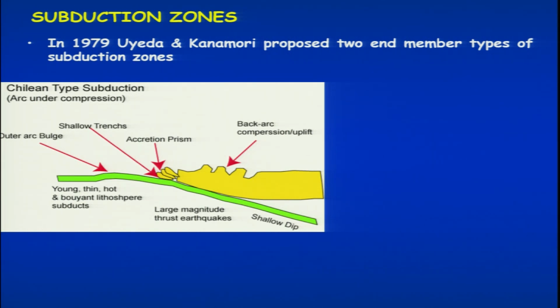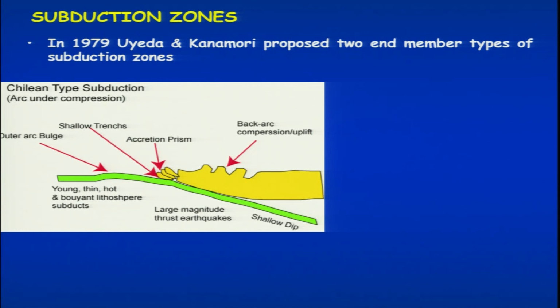This is what we were talking about in one of the slides on convergent plate boundaries, that is between the oceanic plate and the continental plate, the Peru-Chile subduction plate boundary. So they have been classified as a Chilean type subduction zone.